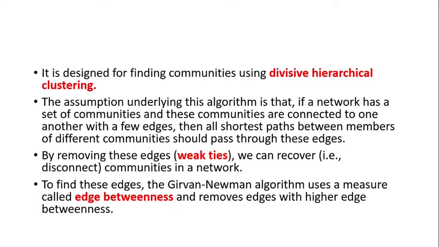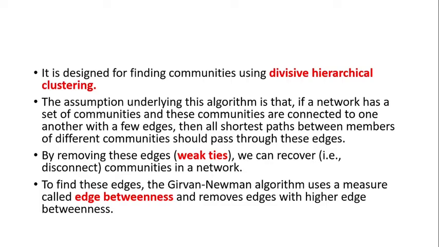But here the underlying assumption is that if a network has a set of communities, and these communities are connected to one another with a few edges, then all shortest paths between the members of different communities should pass through these edges. So basically here the edges between two nodes and their significance have been discussed.